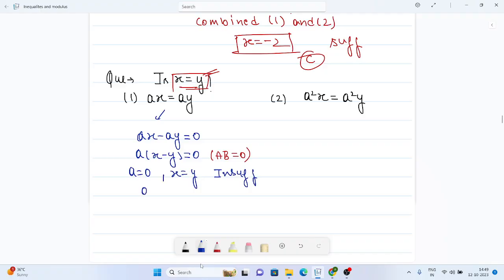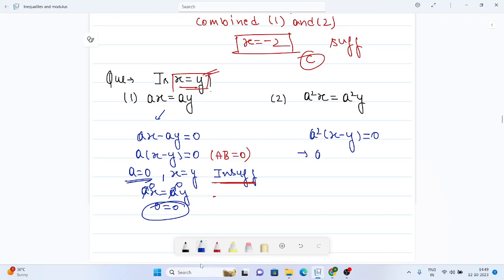Because if I take ax equal to ay and I take a equal to 0, then 0 equals 0, so this also holds when a is equal to 0. So this alone is insufficient. Okay. Now a square x minus a square y equal to 0, right?